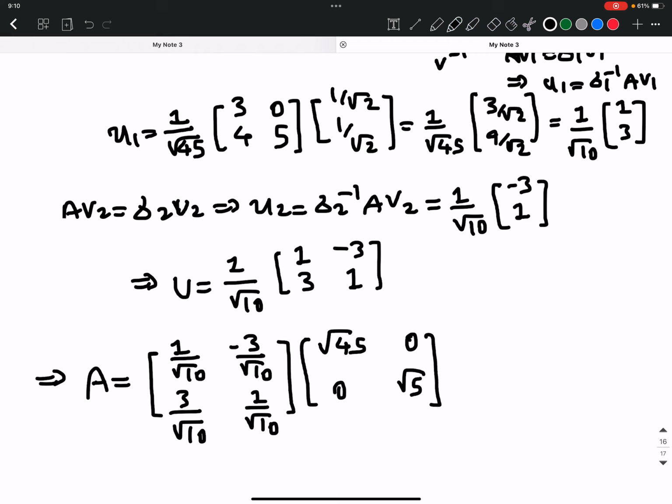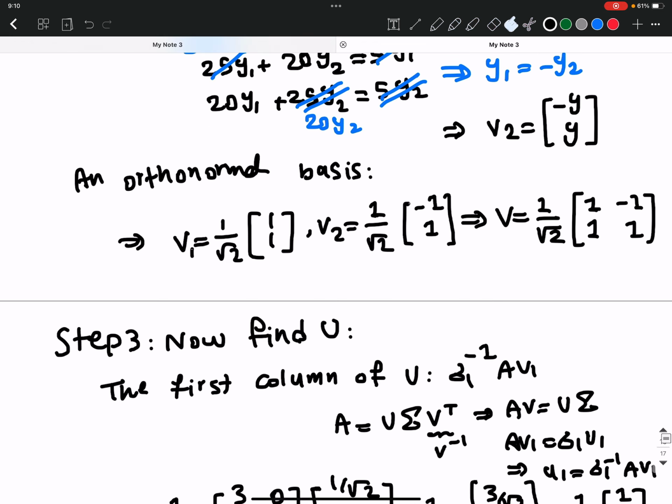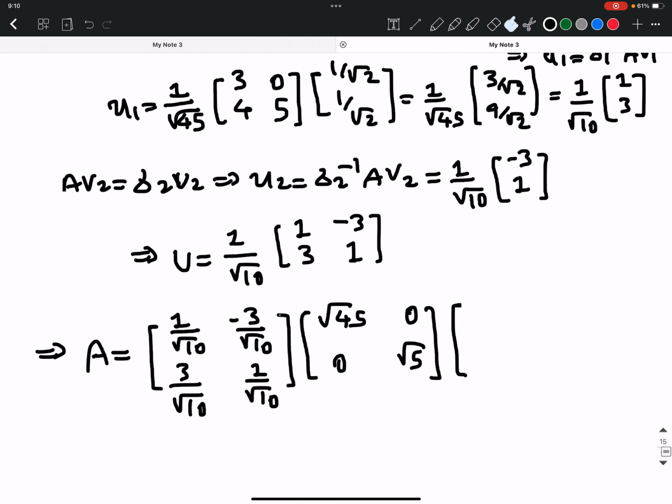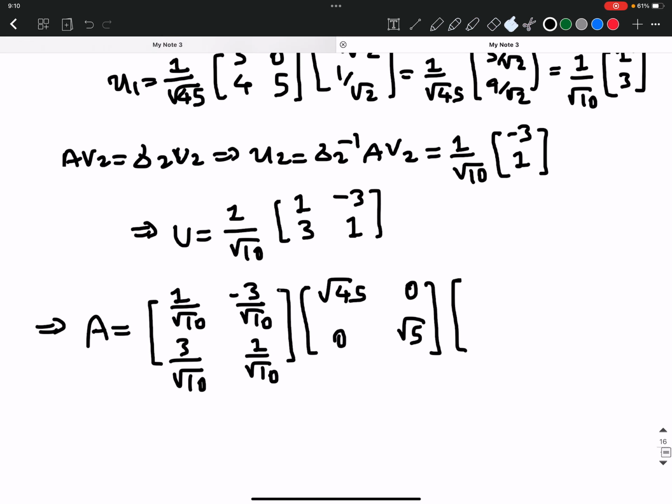And what is my VT? Or V, I can just write V and then the transpose of that would be VT. So my V, we found it here. Let's check what it was. It's this, 1, minus 1, 1. So it's going to be 1 over square root of 2, minus 1 over square root of 2, 1 over square root of 2, 1 over square root of 2.